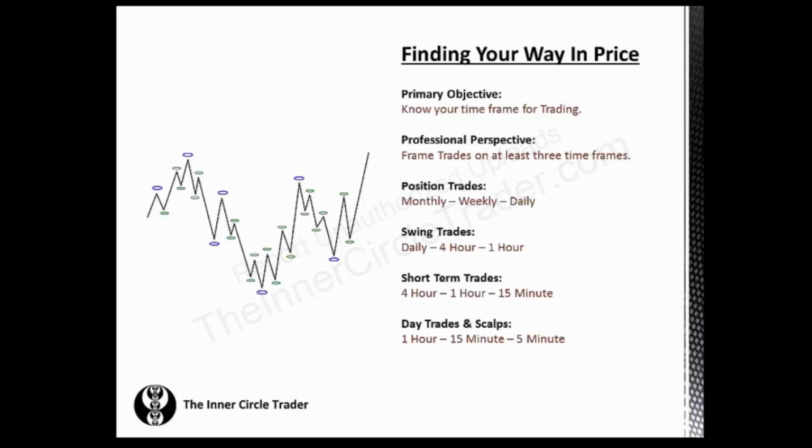I'm not going to cover that here, but if you are that type of trader, the 3 time frames that you would utilize to break down market structure for your particular market would be the monthly, the weekly, and the daily. Okay, monthly being your highest time frame, your weekly being your mid-level time frame, and then you have your daily. That would be your short term.